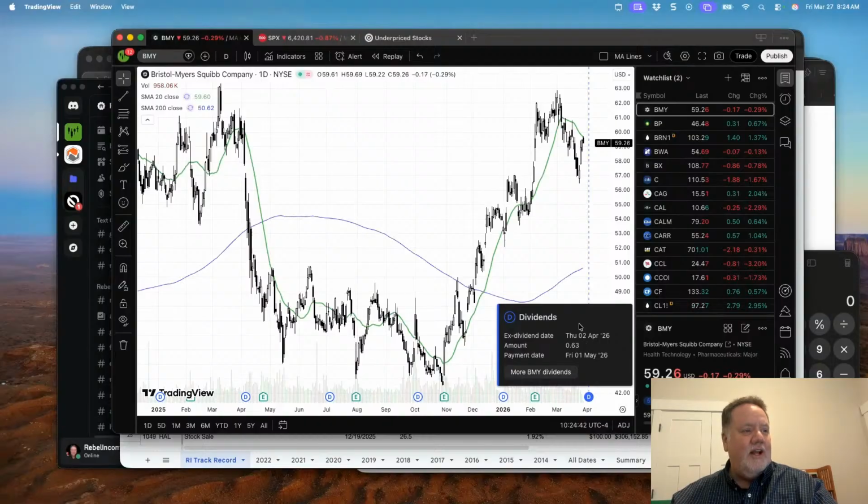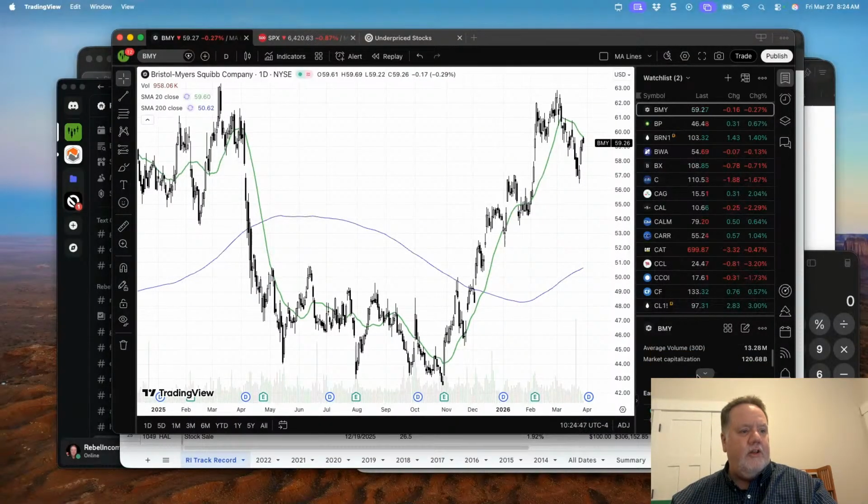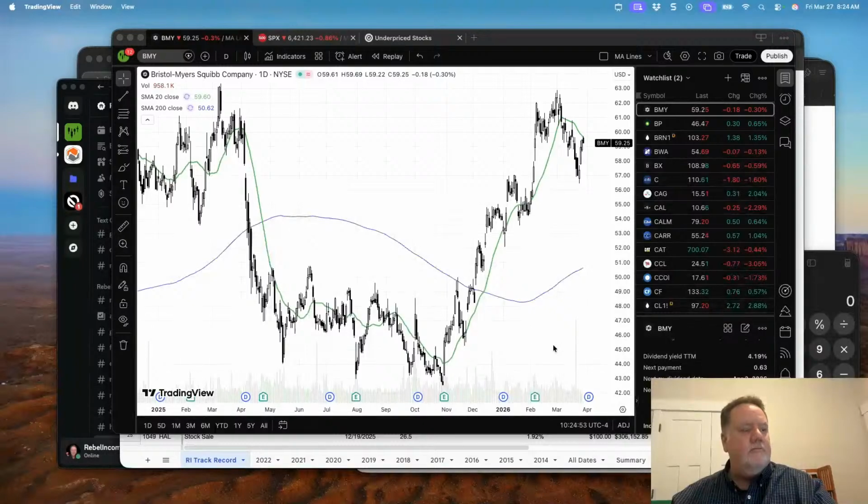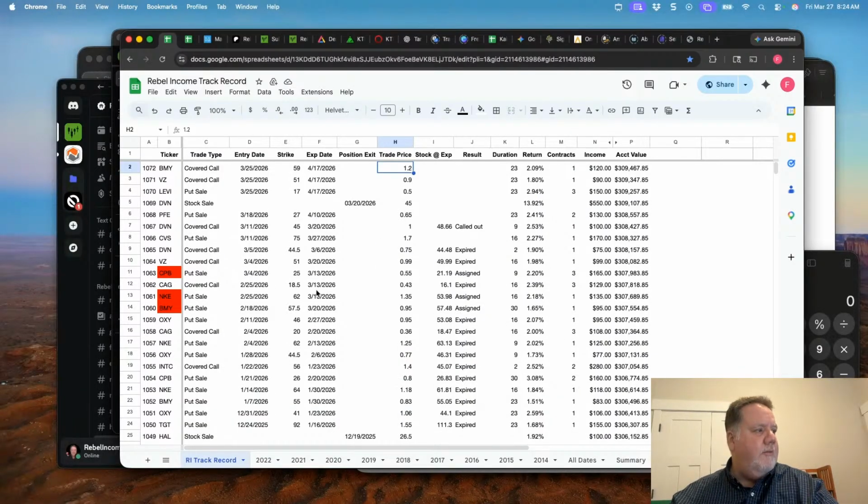So as things stand, this looks nice. And again, this is another one where the dividend yield is pretty attractive, 4.19%. These are stocks that I don't mind the assignments on.